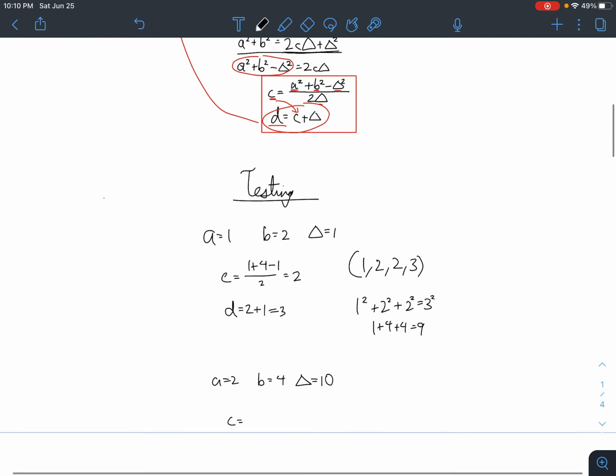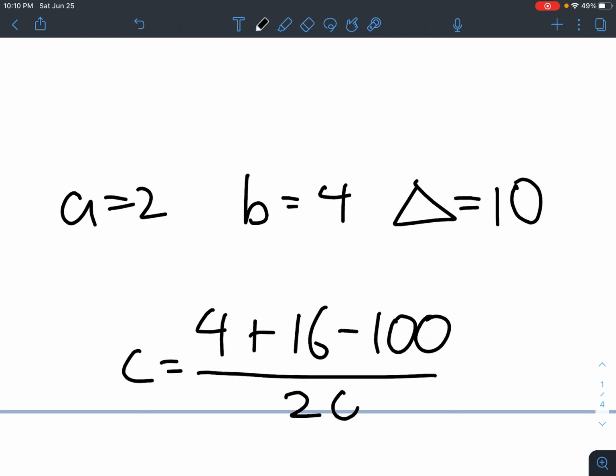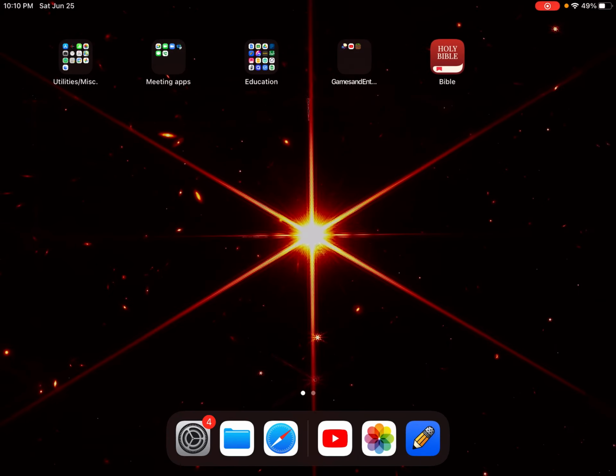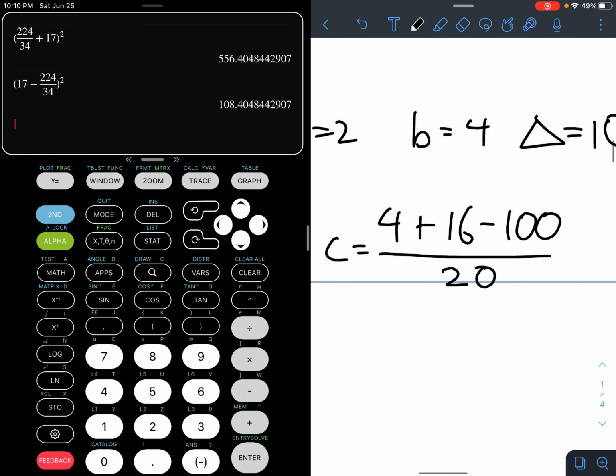C is equal to a squared plus b squared minus delta squared, 4 plus 16 minus 100 over 20. Okay, I think we're gonna get a crazy fraction this time.